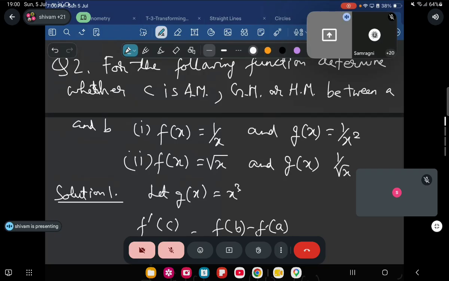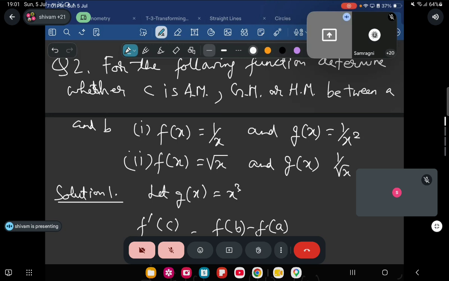Okay, Aditya, check 2 part 2. Samragni. I'm checking. Samragni, both are correct. And Anvesha, both are correct. Shamili. Shamili, 2 part 1 is correct.